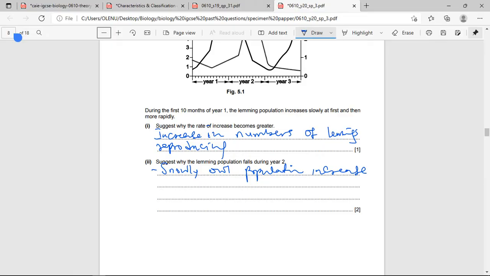If it increases, that means there will be more what? Predation. More predation of lemmings. So lemming population will now drop.